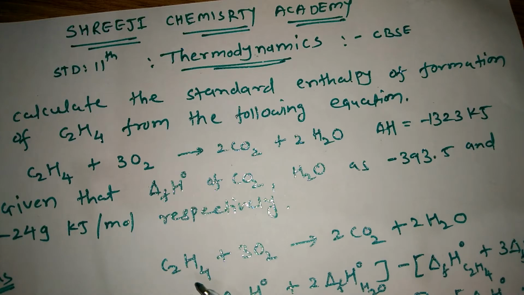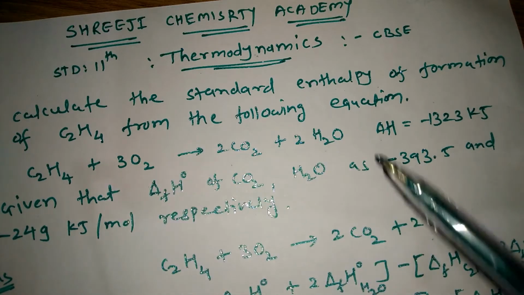Calculation. First of all, write the balanced chemical equation: C2H4 plus 3 O2 gives 2 CO2 plus 2 H2O, which is given.